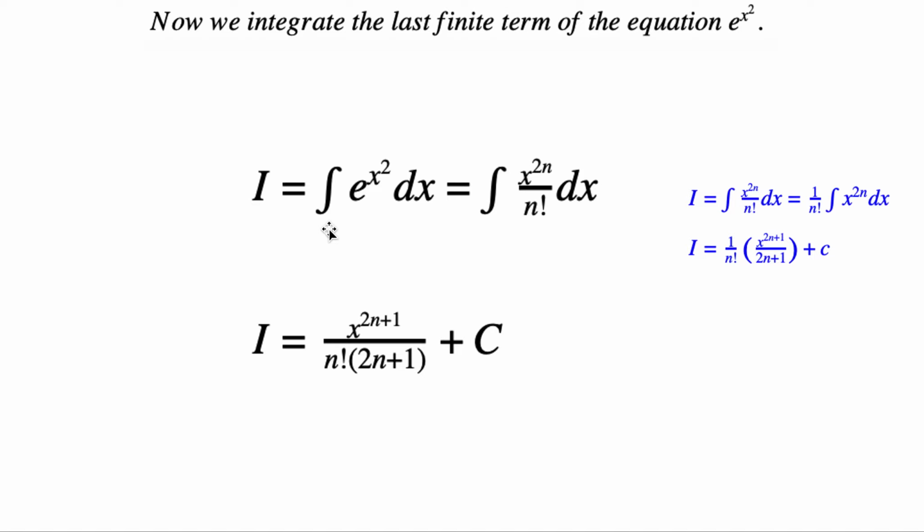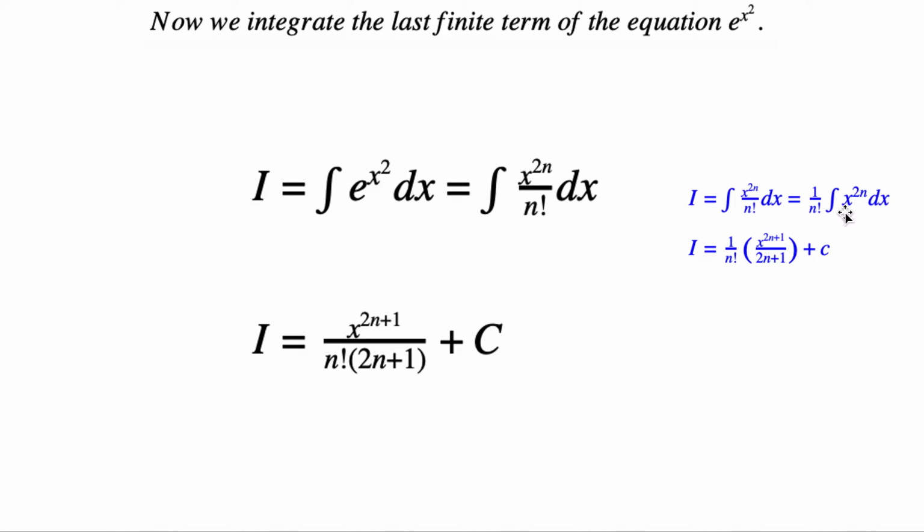Instead of the integral of e^(x squared) dx, we take just the general term and integrate it. Here is some integration we did on the side. If we take x^(2n) over n factorial, we factor out 1 over n factorial in front of the integral, and inside stays just x to the power 2n dx.